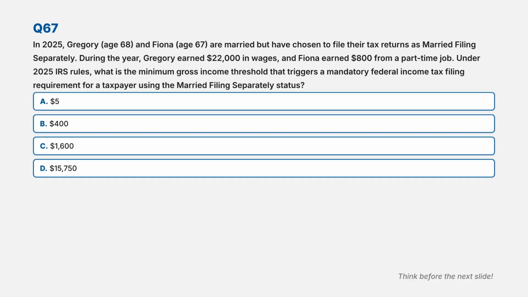Under 2025 IRS rules, what is the minimum gross income threshold that triggers a mandatory federal income tax filing requirement for a taxpayer using the married filing separately status? A. $5. B. $400. C. $1,600. D. $15,750.